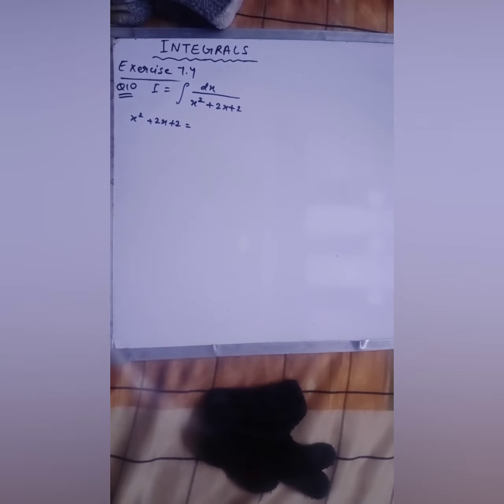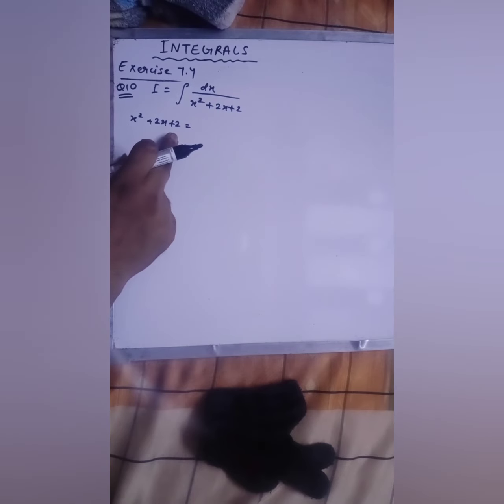Okay, so in the completing square method, first of all you have to divide this whole by the coefficient of x square. So here the coefficient of x square is 1 only, so no need to divide. If suppose here you are getting 3x square, then you have to divide the whole by 3. Fine, so there is no need to divide because the coefficient is 1.